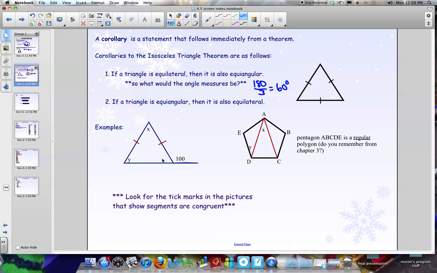If this one's 100, then this one has to be 80. And since it's an isosceles triangle, then this one also has to be 80. So this one is 80 and this one is 80. That gives us 160 degrees. So that leaves how many degrees for x? 180 minus 160 is 20. X has to be 20 degrees.